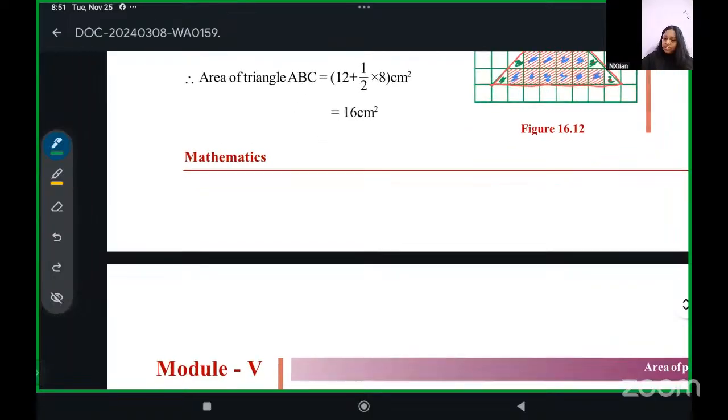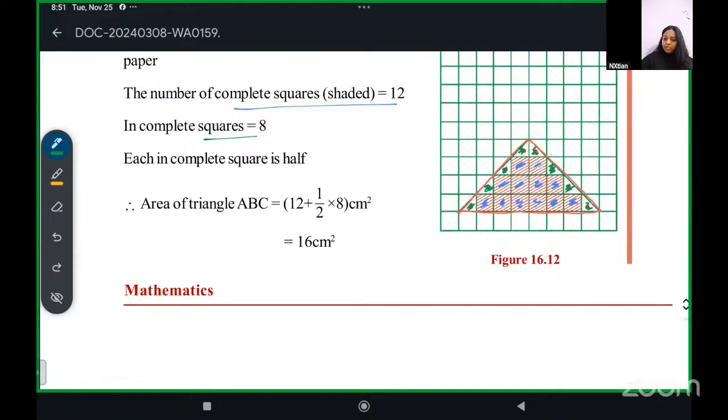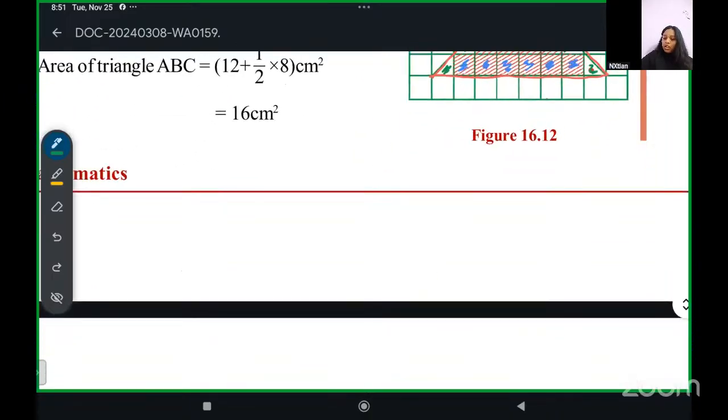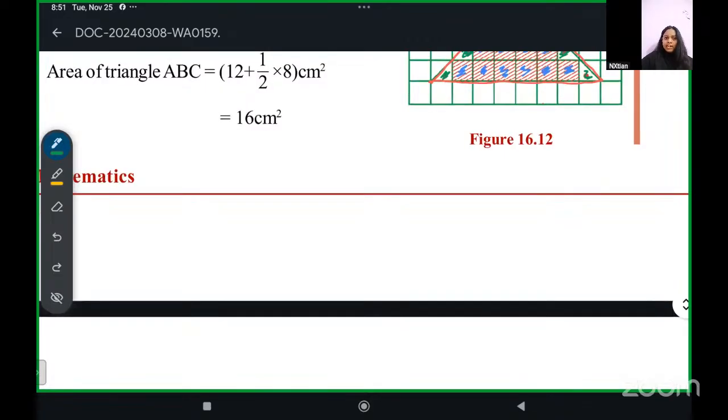Each incomplete square is half. Okay, so 8, see, half of 8 now. Okay, 8 are half.